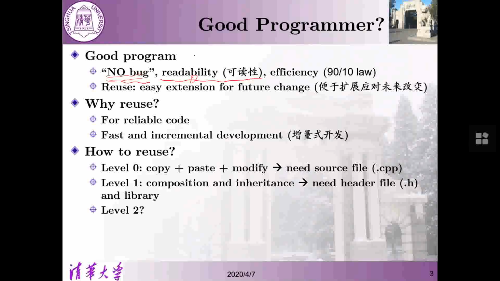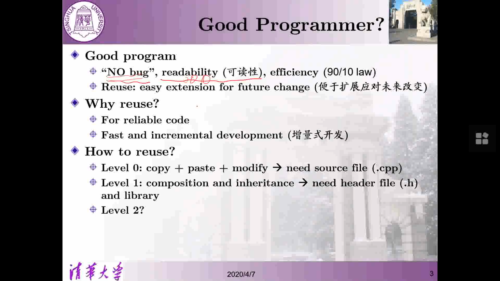However, in the past, I think most students wanted to implement their own version of all the code. They do not want to read others' code. I think this is because some code may not be readable.